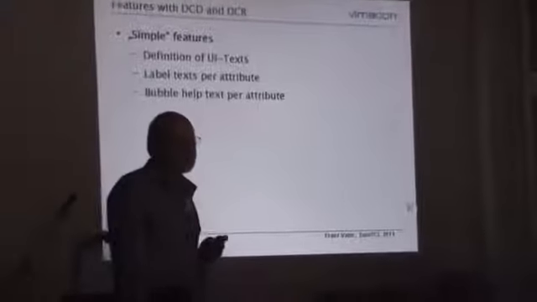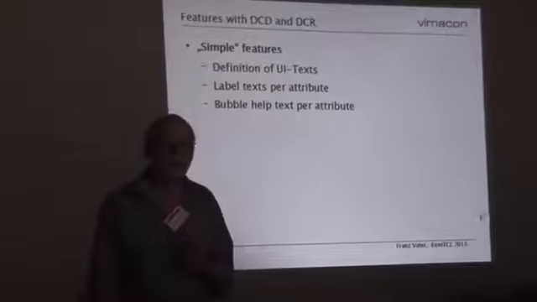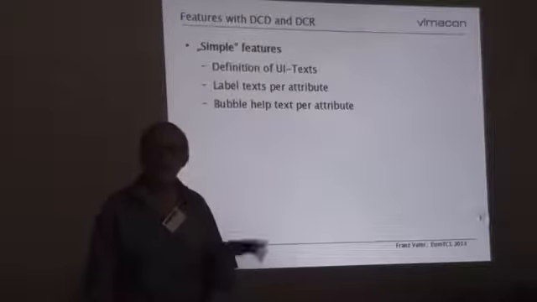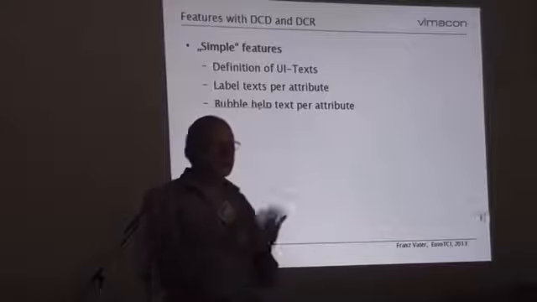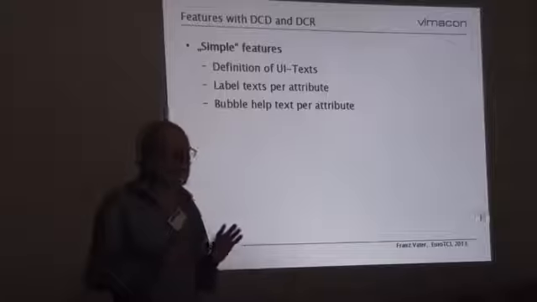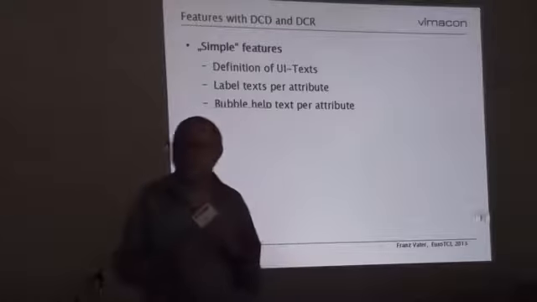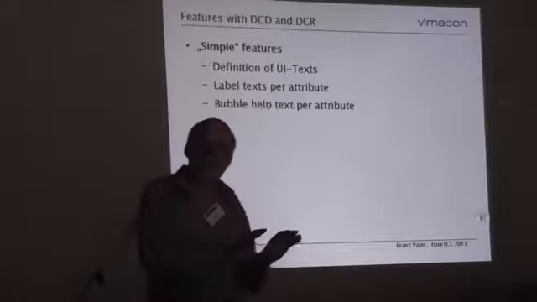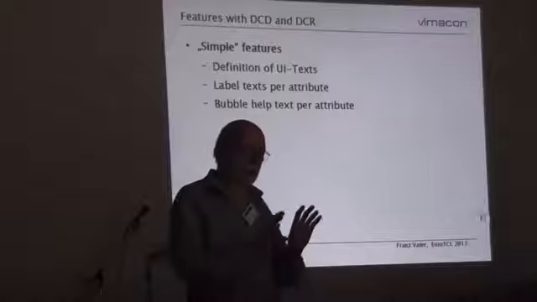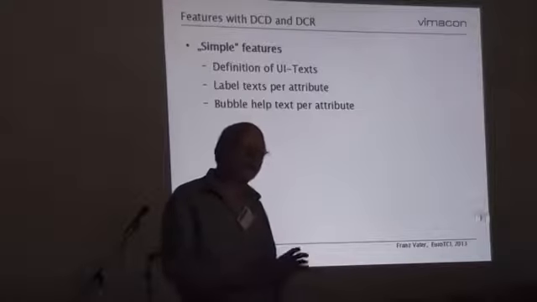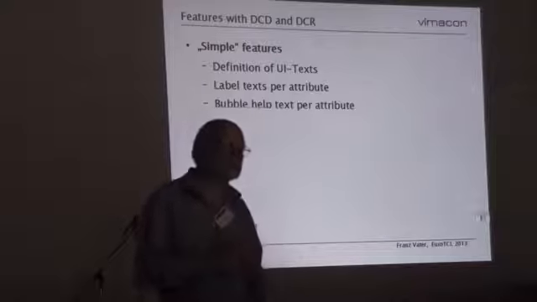The simple features of DCDs are the definition of user interface text. That means you can now configure your user interface. You can have your own labels, which must not be the same as at first glance. If you are working without DCD, you have the attribute names as a label before the attribute entry field.